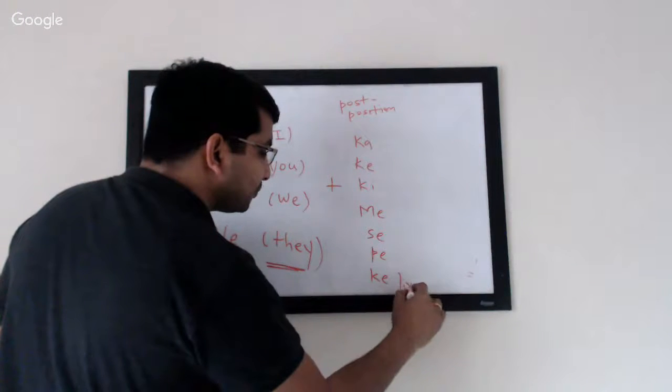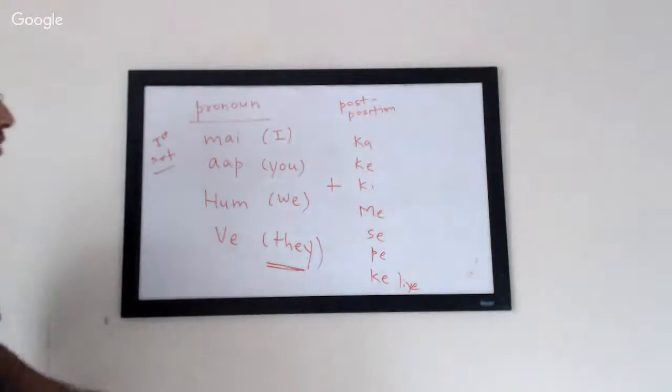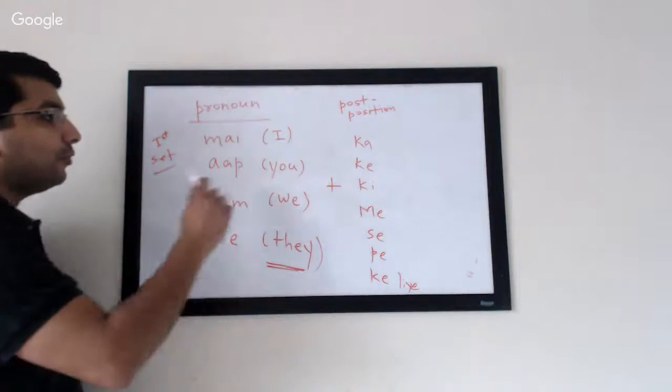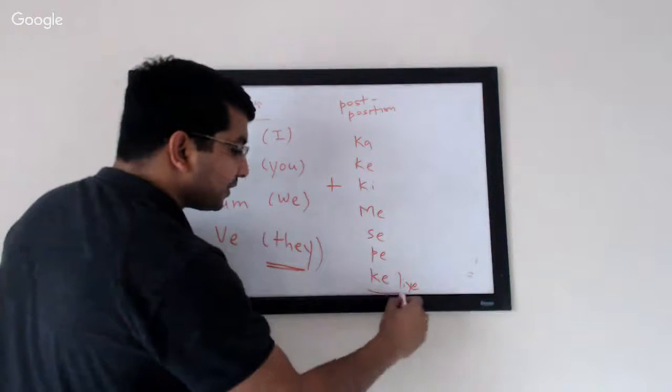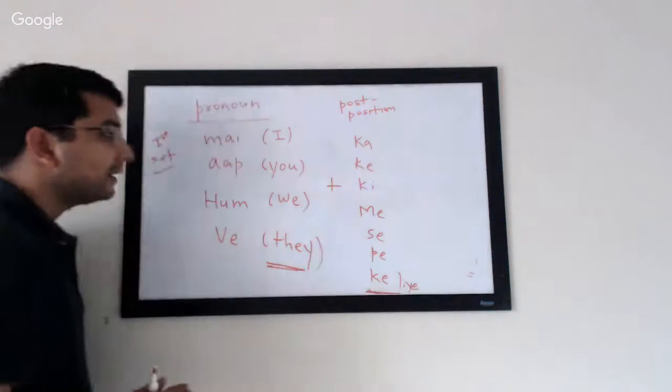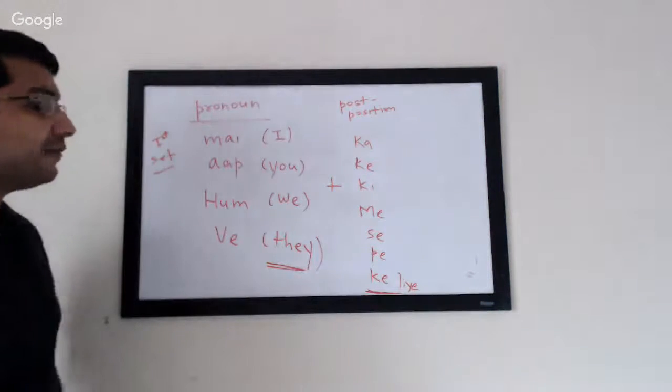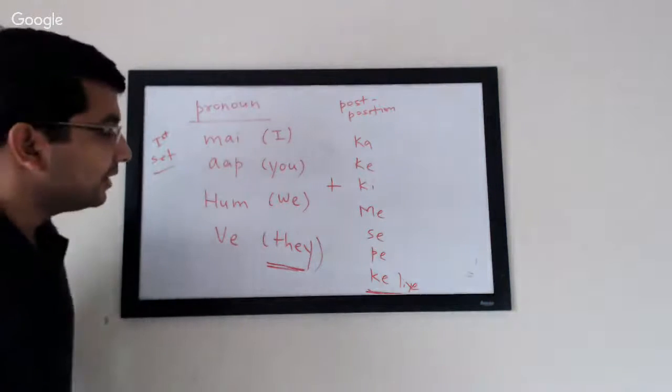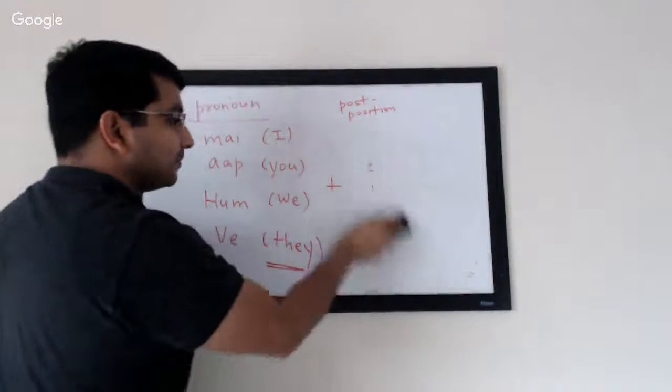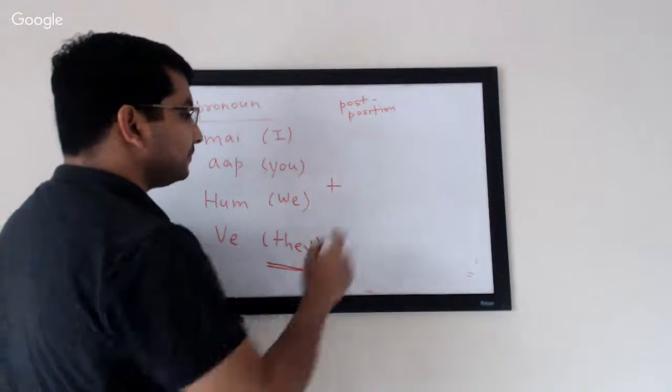We learned post positions and compound post positions. There's no limit to it, right? Now, for the sake of this particular scenario, we'll just use के लिए. And if I want to say for me, it will be के लिए.